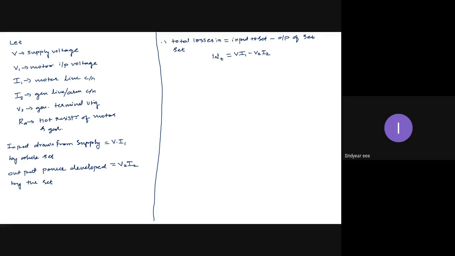Now, what are the copper losses in the set? Now I want stray losses. Now I know total losses. If I deduct all copper losses in the set, I will get total stray losses of the set.